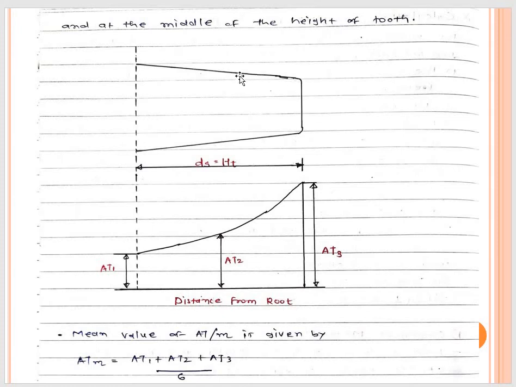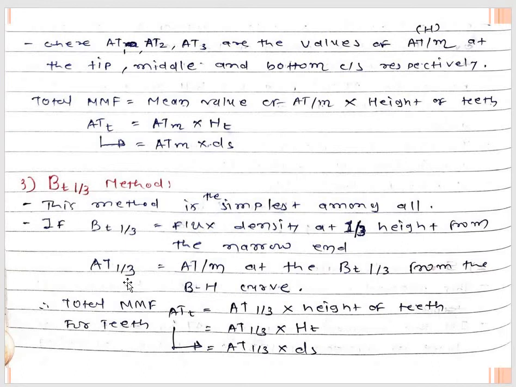So BT one third is the flux density at one third length from the narrow end. This is the narrow end, and from it we have to measure one third of the length.